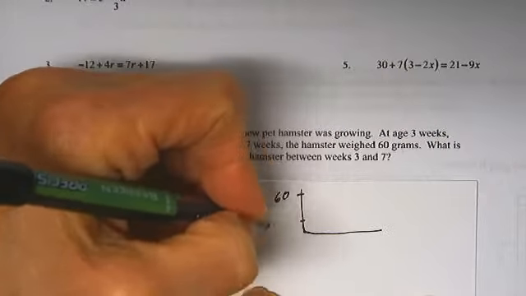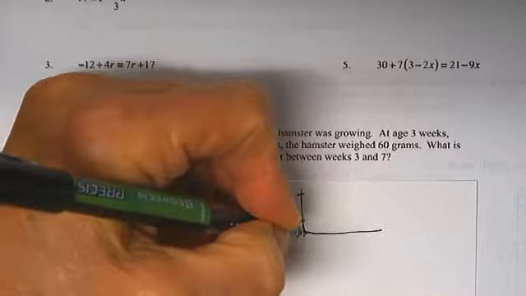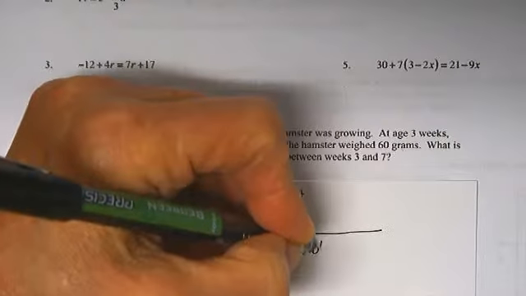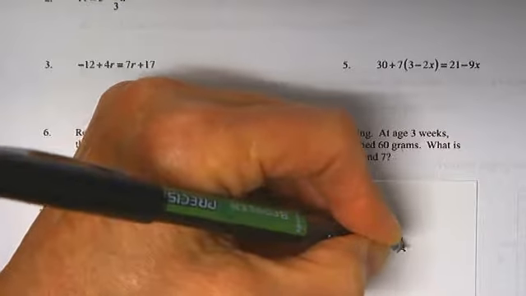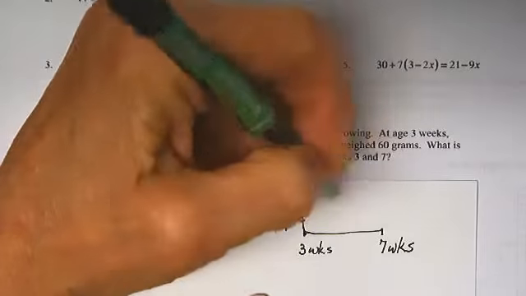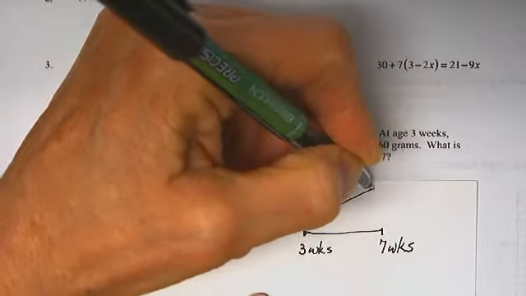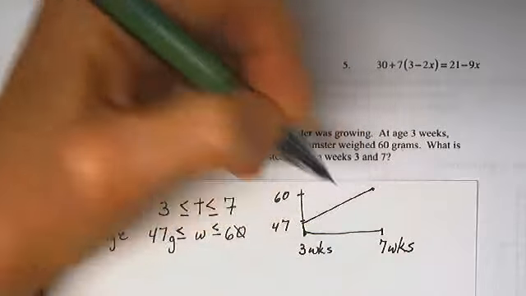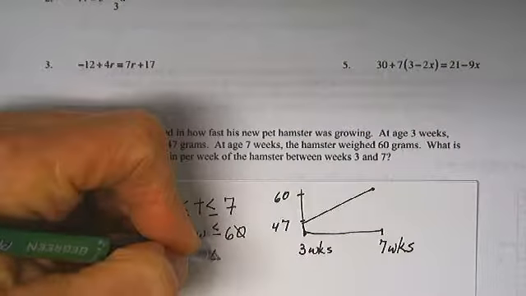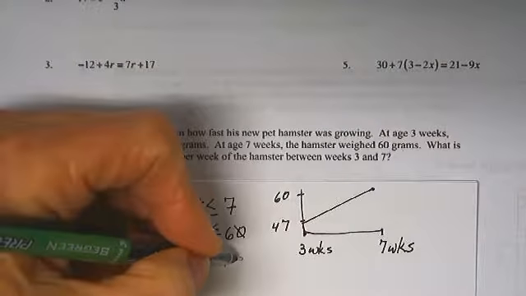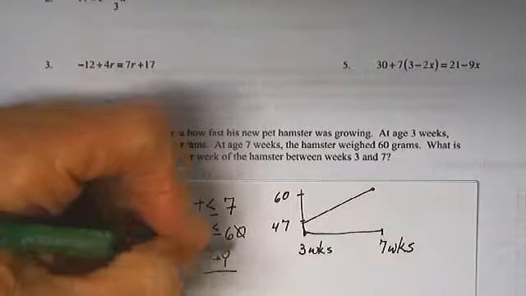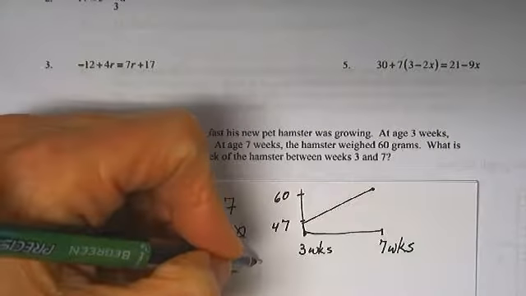60, 47, 3 weeks, 7 weeks. What is my change in y? My change in y is 60 minus 47, and that is 13.